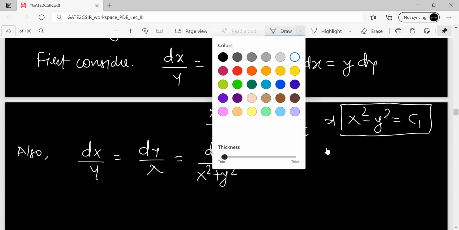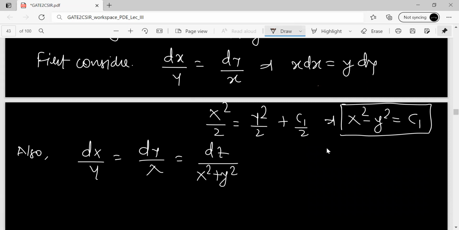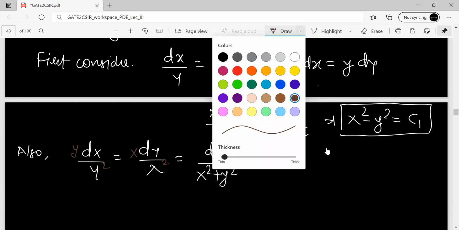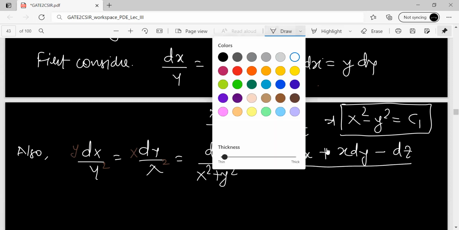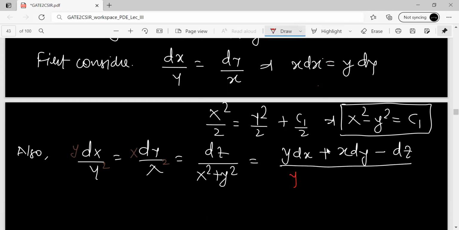Even a novice can tell me that I have to multiply by y and x and subtract, right? It will be cancelled. So y dx plus x dy minus dz. I'm writing in red because it will get cancelled. So see here, it will be y square plus x square minus x square minus y square. So this entire part becomes 0.